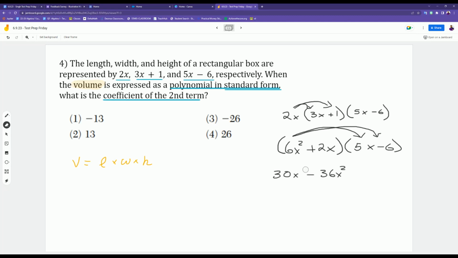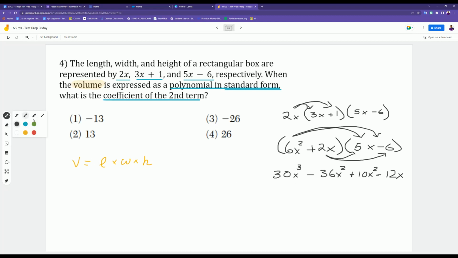This 6x squared times 5x is 30x to the third power. 6x to the second power times negative 6 is negative 36x squared. 2x times 5x is positive 10x squared. And 2x times negative 6 is negative 12x.